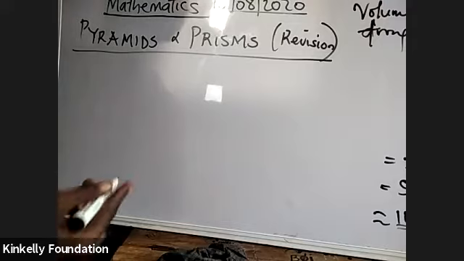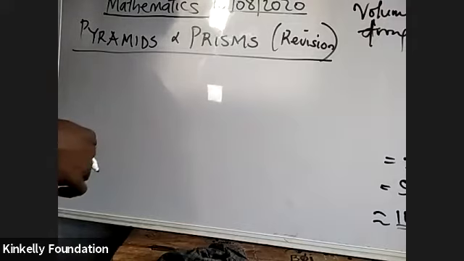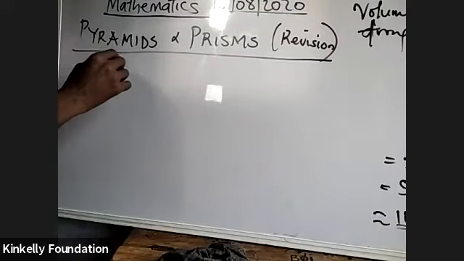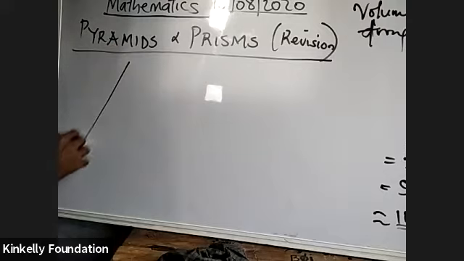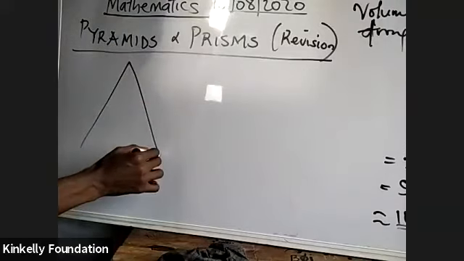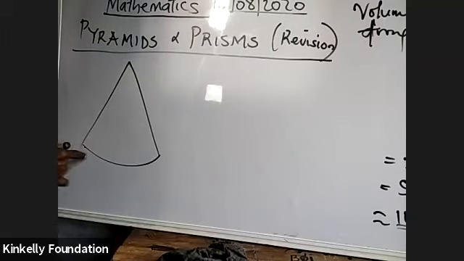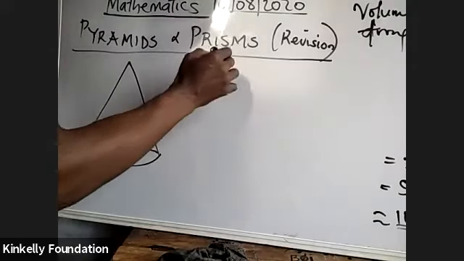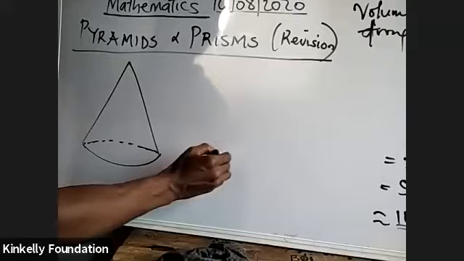Either any of the plane shapes, be it a circle, be it a square, or any quadrilateral, as the case may be. Now, look at the example of the pyramid. This can be a pyramid. You can have something like this.